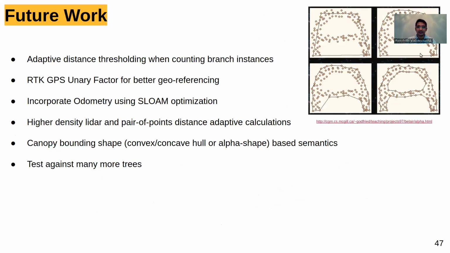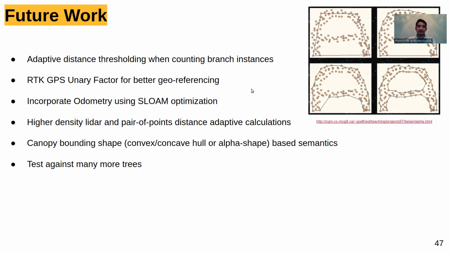In terms of future work, the first point is adaptive distance thresholding, so that irrespective of how far off we are from the tree, we can identify the number of branches correctly and also make use of GTSAM well enough. Adding RTK GPS as a unary factor would be helpful in order to georeference the data better.